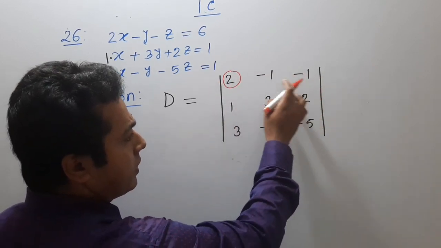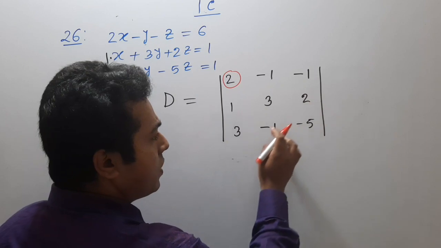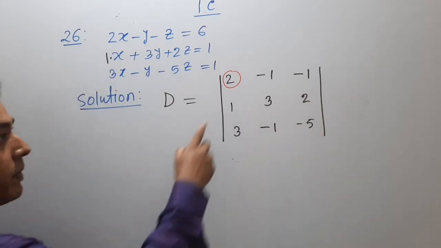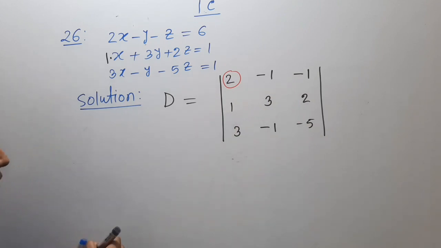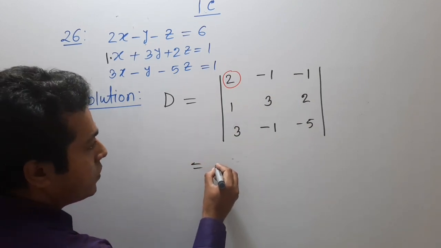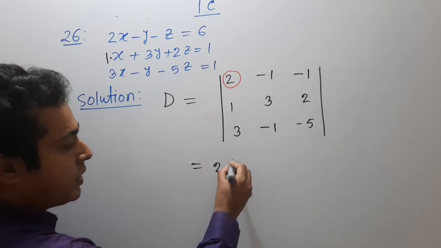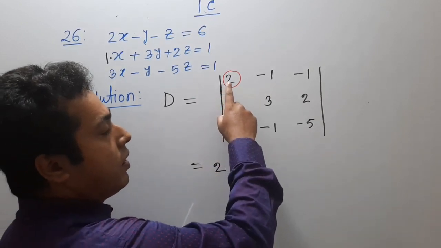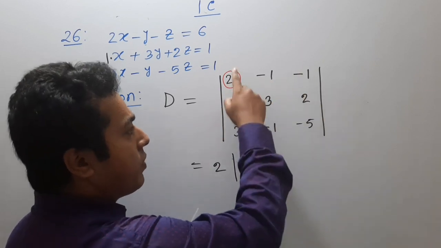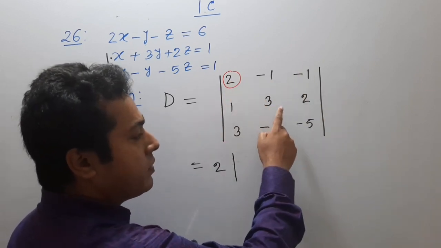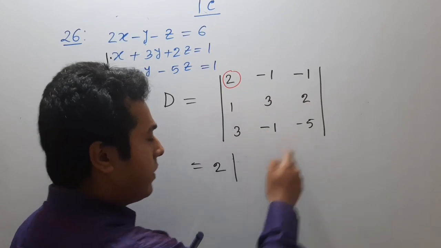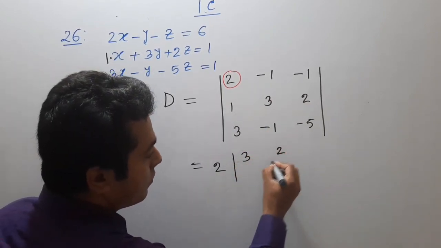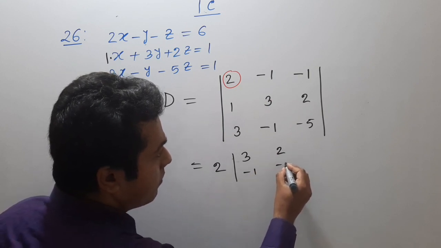Then the reduced determinant is 3, minus 1, 2, minus 5. So the expansion is 2 times that reduced determinant.